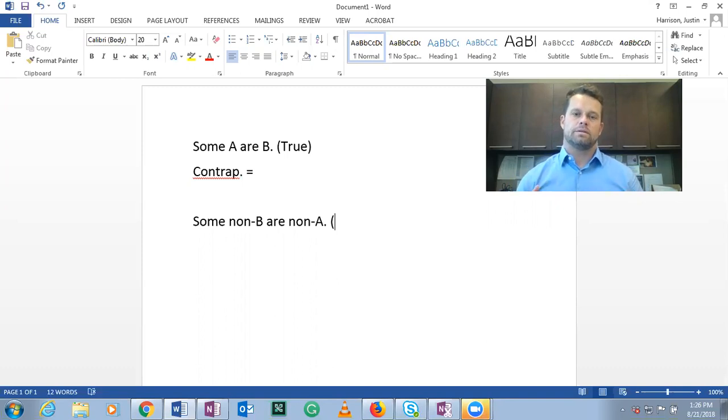because they're not logically equivalent, we know that if that's true, then this is false. Wrong. That was a trick. If something is not logically equivalent, then we don't know what the truth value is. So some A are B could be true, and because they're not logically equivalent, depending on what the classes are in A and B, it could be the case that some non-B are non-A is true.